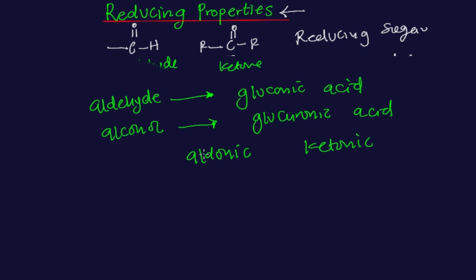Whenever any monosaccharide that has an aldehyde functional group undergoes reduction reaction, it forms aldonic acid. Aldonic acid is a type of aldehyde acid, formed whenever the aldehyde functional group undergoes reduction. But gluconic basically tells you that this is from glucose, and in the case of glucuronic, the terminal hydroxy group is from glucose. So aldehyde undergoes reduction to form gluconic acid, while the alcohol undergoes reduction to form glucuronic acid.